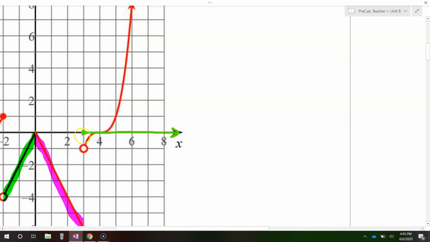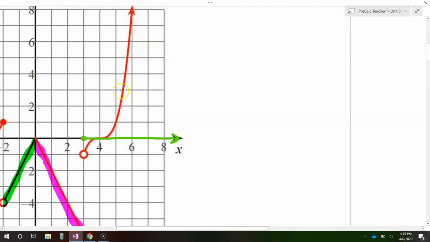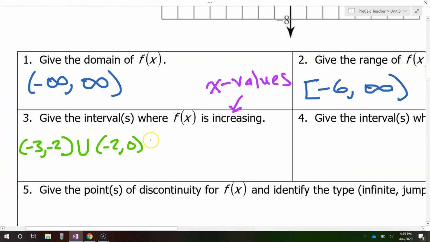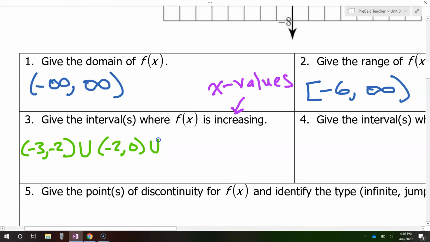It starts at an x value of 3, and sure, it goes up, but all I care about is the x values. I care about the fact that this is going to the right forever. So 3 to infinity. Those are the x values represented by this portion of the graph. So I'm going to say union 3 to infinity.